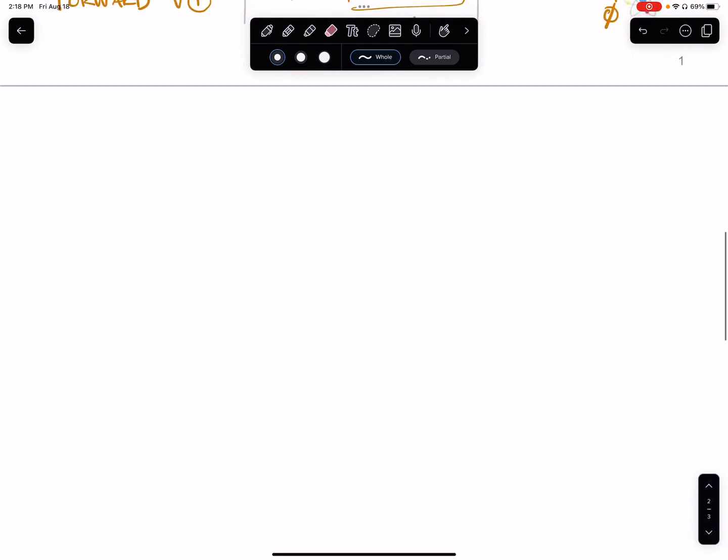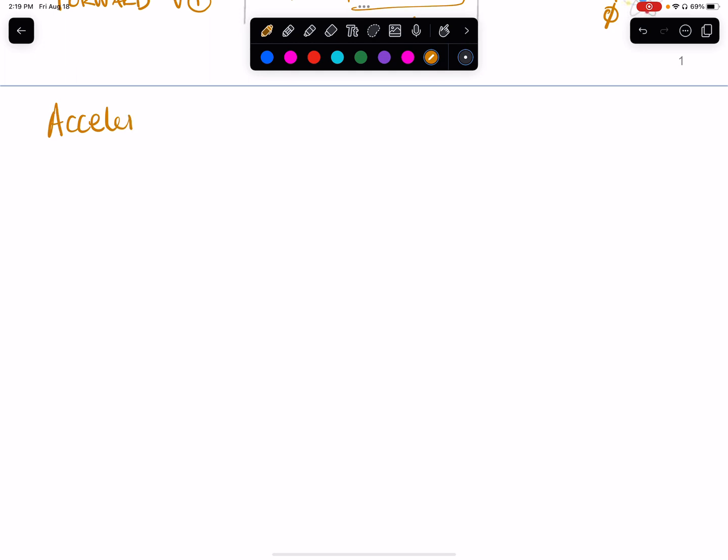All right, now I did want to take just a moment and talk about the acceleration graphs. Because we are working under constant acceleration conditions, it's going to be pretty straightforward for us.